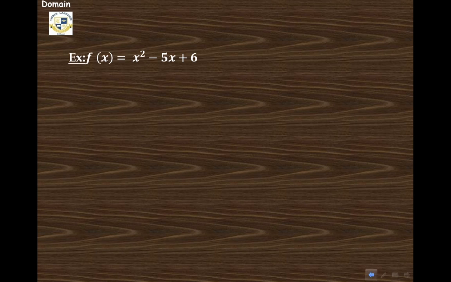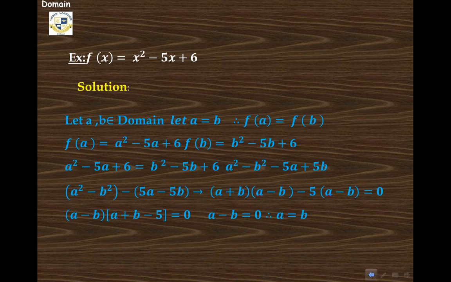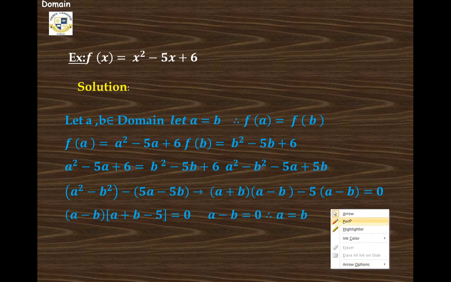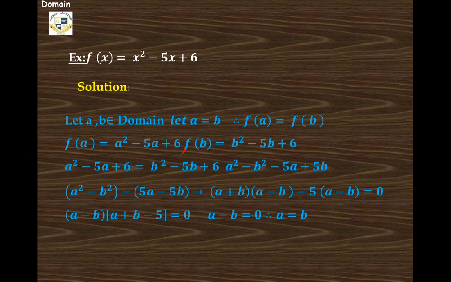Another example, f of x equals x squared minus 5x plus 6. Let a and b belong to the domain. Therefore, I'll put f of a equals f of b. F of a is a squared minus 5a plus 6. Also, f of b is b squared minus 5b plus 6.